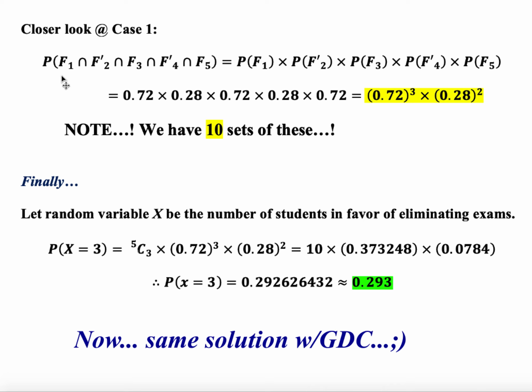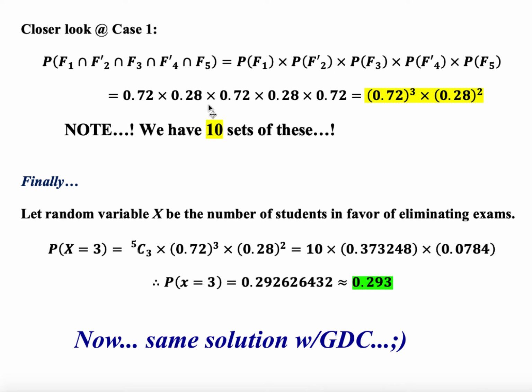So the probability that the first is in favor and the second is not in favor and the third is in favor and the fourth is not in favor and the fifth is in favor, well, that's just sort of an expansion of your probability of A and B formula, which says multiply all of those probabilities together. Well, you can see here, here, and here, those are your 0.72s, and here, those are your 0.28s.